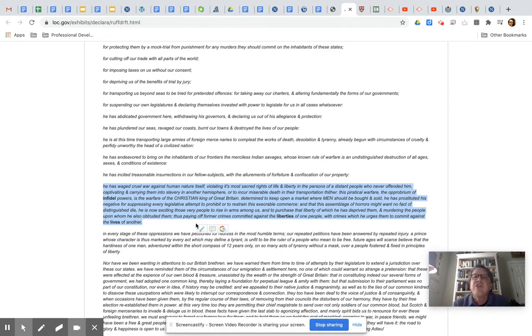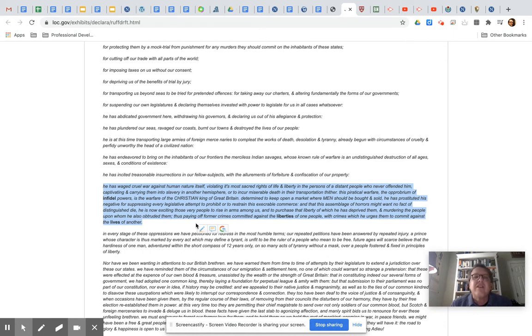This piratical warfare, the opprobrium of infidel powers, is the warfare of the Christian king of Great Britain, determined to keep open a market where men should be bought and sold. He has prostituted his negative for suppressing every legislative attempt to prohibit or to restrain this execrable commerce, and that this assemblage of horrors might want no fact of distinguished die.